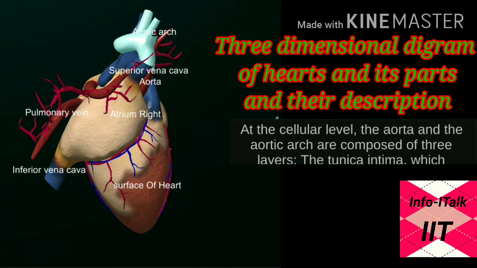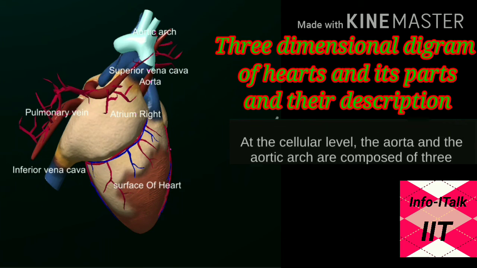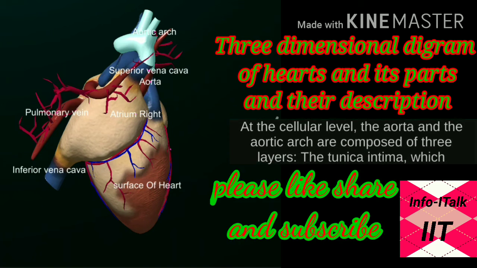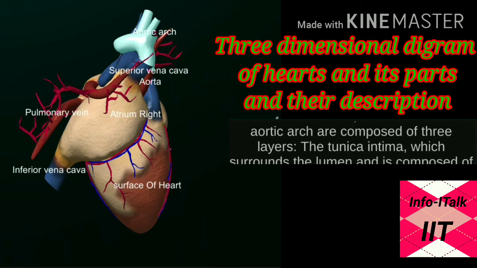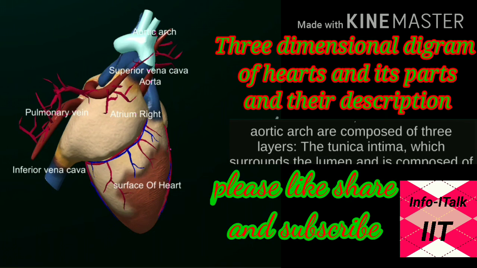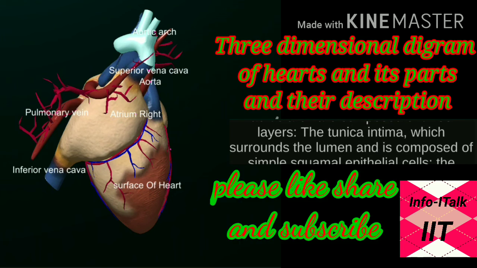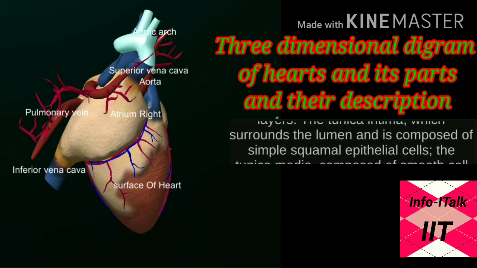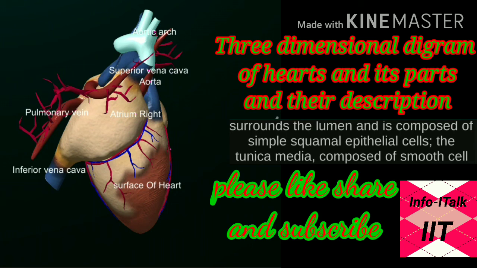At the cellular level, the aorta and the aortic arc are composed of three layers. The tunica intima, which surrounds the lumen and is composed of simple squamous epithelial cells.